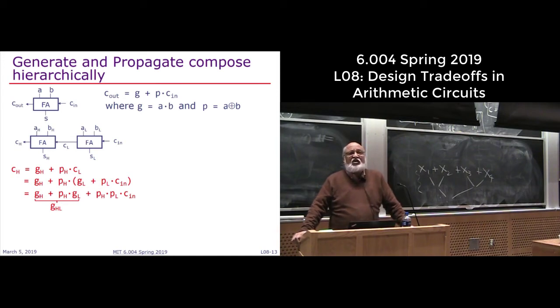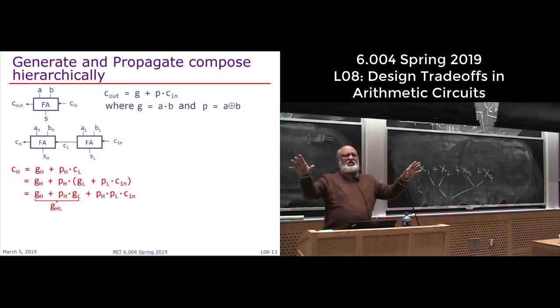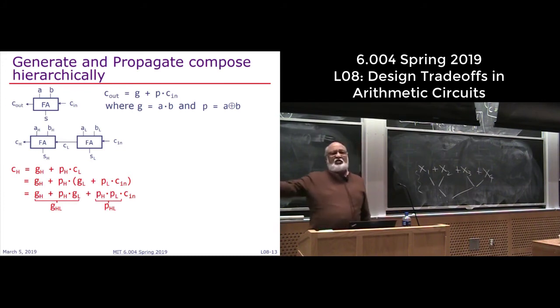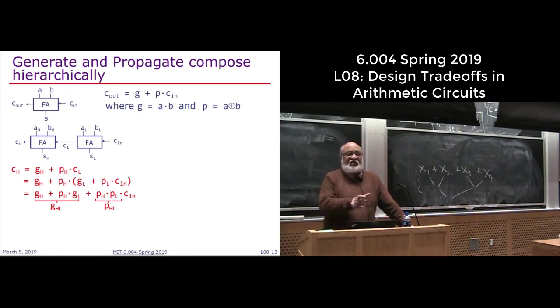So I've given you a composition: a high bit, low bit adder, and if you tell me properties of these two adders, I can tell you under what condition the whole thing will generate a carry. And similarly, I'm telling you under what condition it will propagate the incoming carry. If the propagate of high is PH and the propagate of low is PL, and both of them can propagate, then whatever comes in will go out.